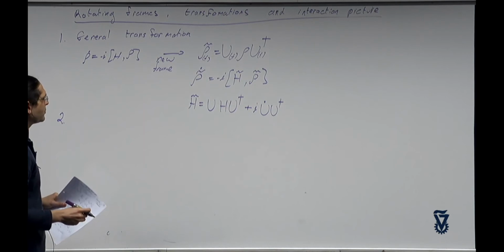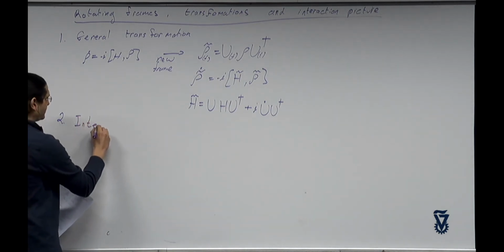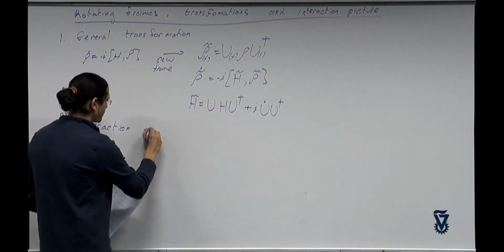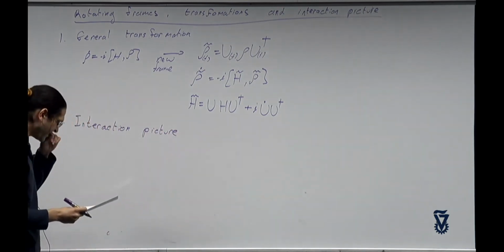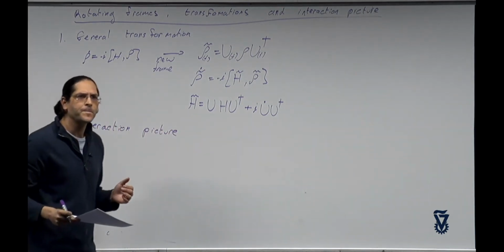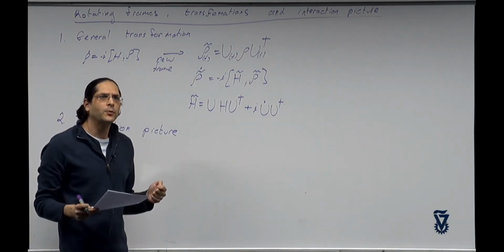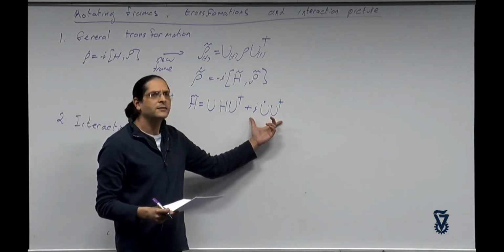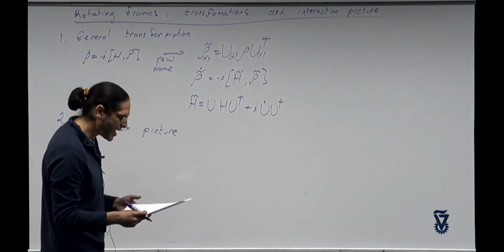The second thing I want to remind you of is what is called the interaction picture. The interaction picture is when we take a transformation and we're trying to find a term to cancel out this term. This is the way I think of it.